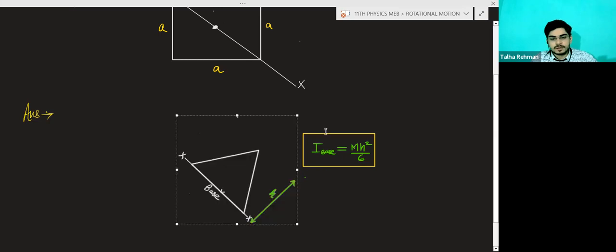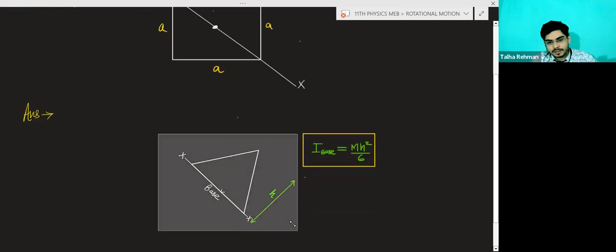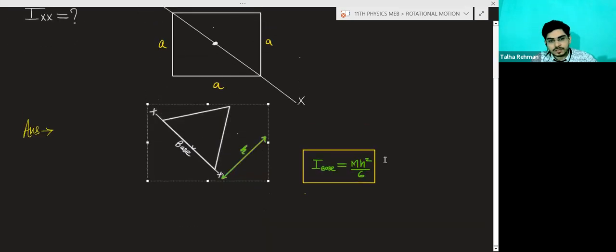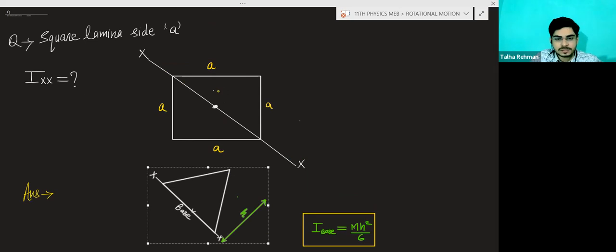If I put the triangle like this, now you can see here, this square we can divide into two triangles, triangle number 1 and triangle number 2.